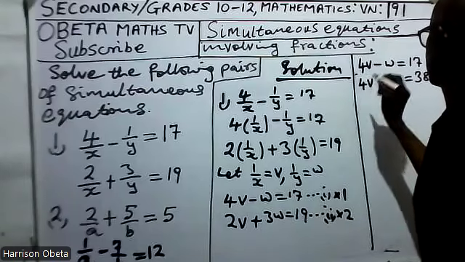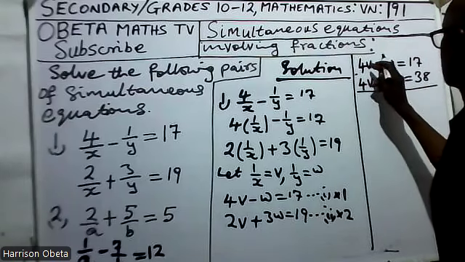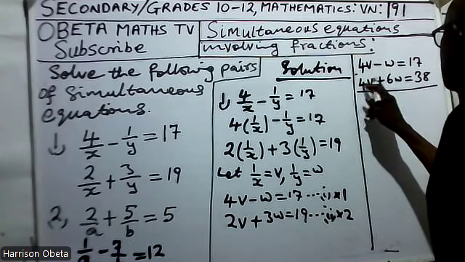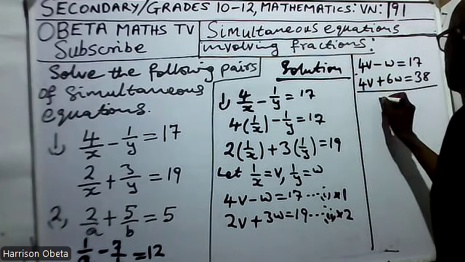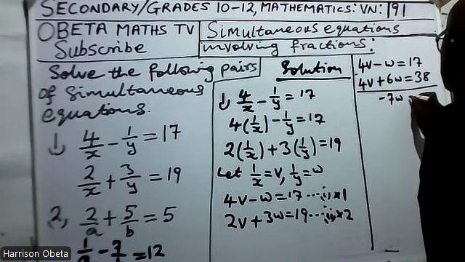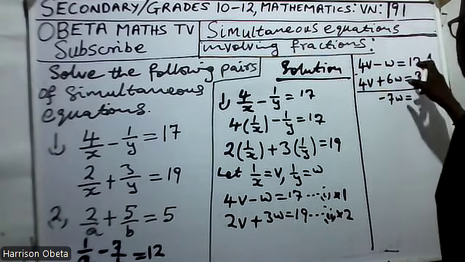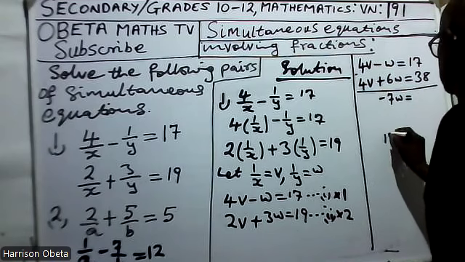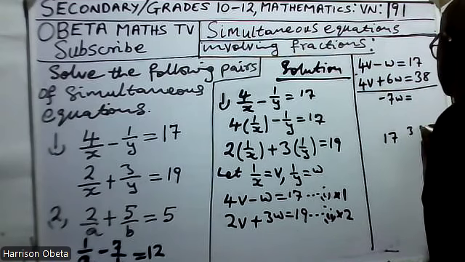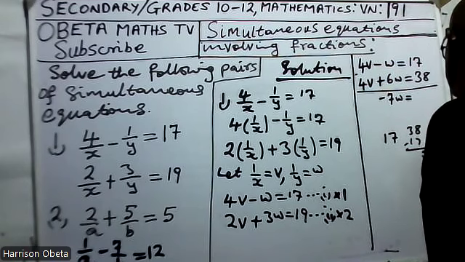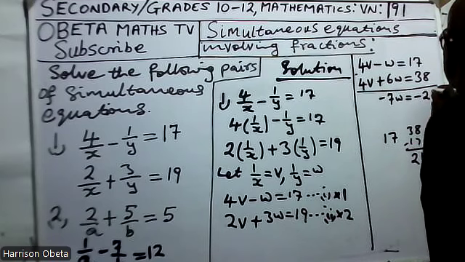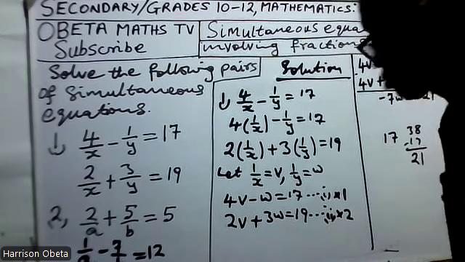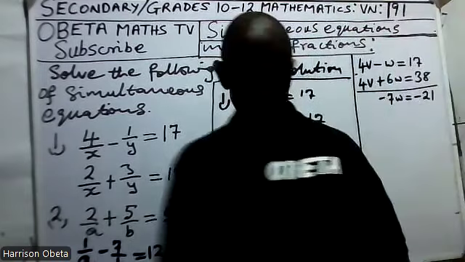Then we subtract. 4v minus 4v is 0. Then minus w minus 6w will give us minus 7w equal to 17 minus 38, that's 38 minus 17 the other way round.